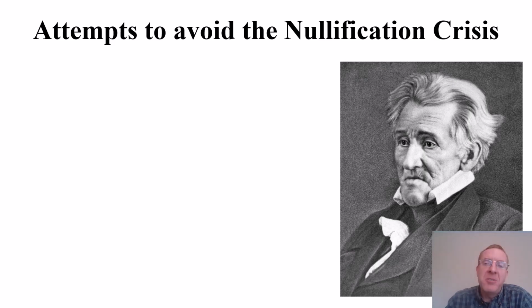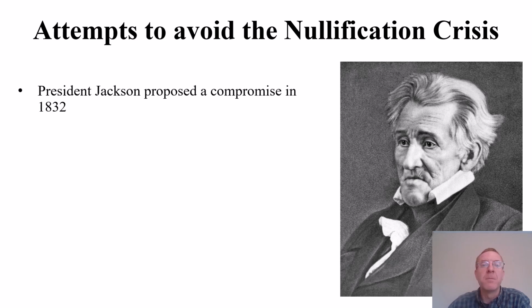Now, Andrew Jackson will see this situation as ideal in the way that at this point he's very annoyed with John C. Calhoun. But at the same time, Andrew Jackson, as president, wants to make sure that this does not boil over into a full-blown crisis. He wants to stop this major dispute between the United States government and the state of South Carolina before it gets out of control.